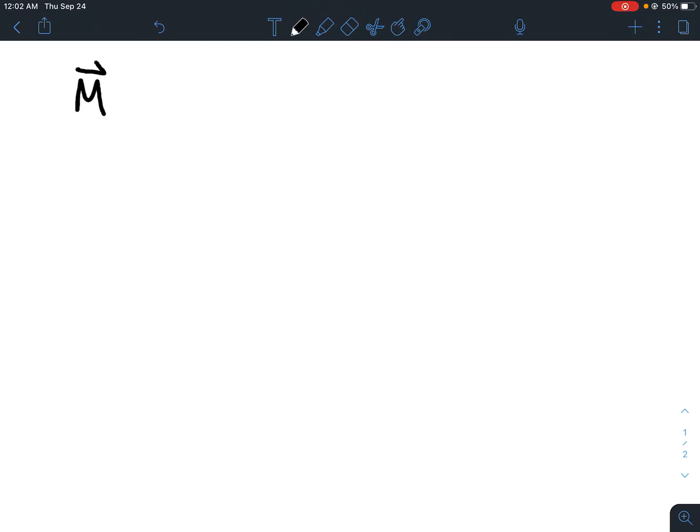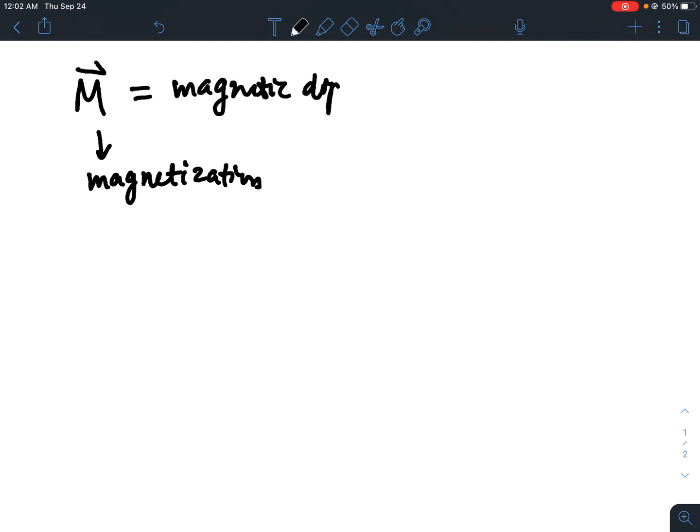So in other words, we can define a vector called magnetization, which indicates the amount of magnetic dipole moment per unit volume.